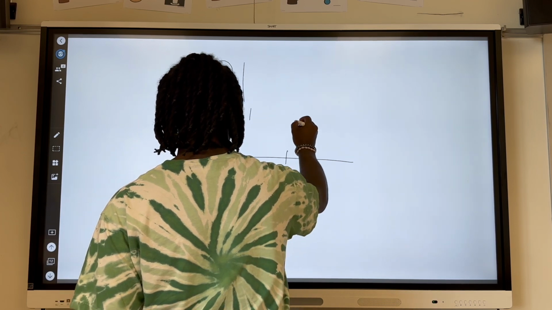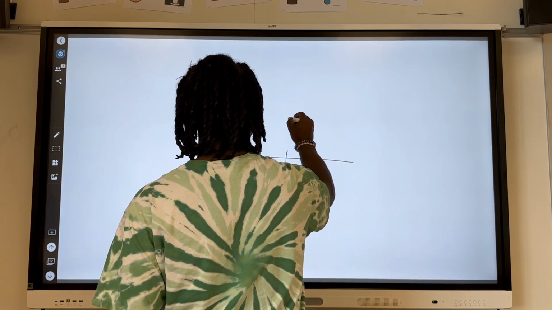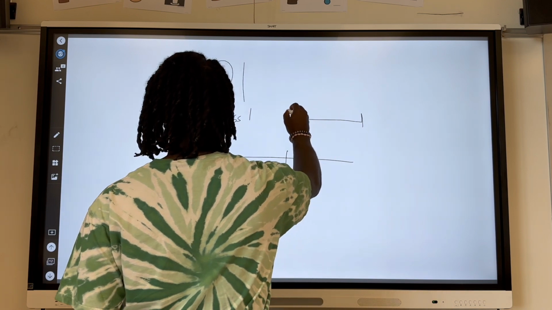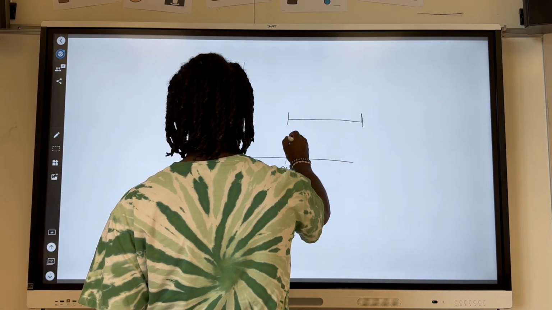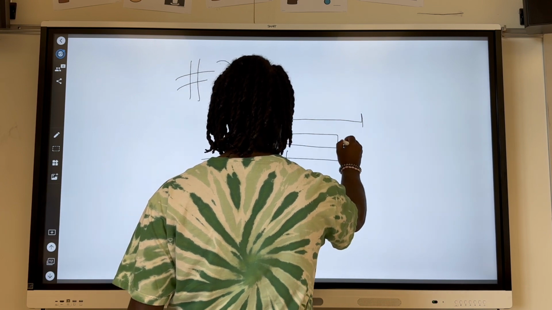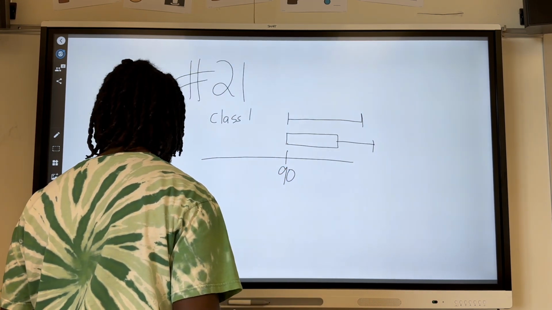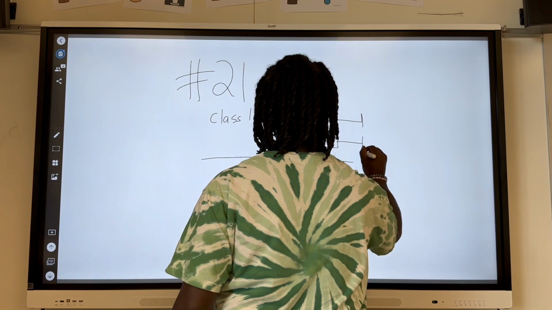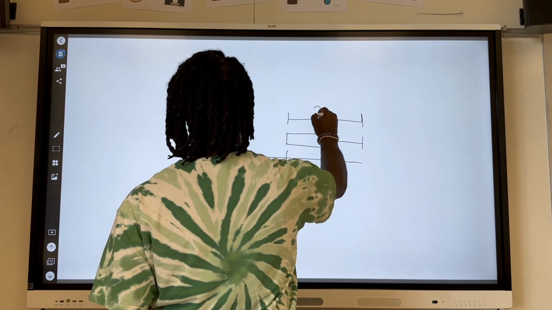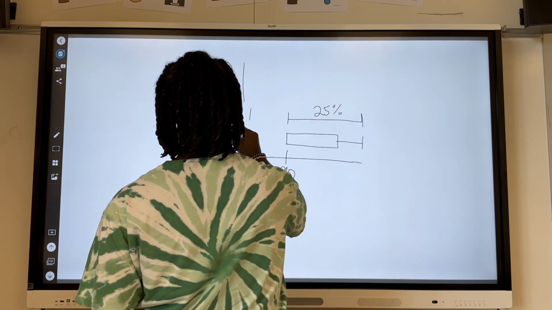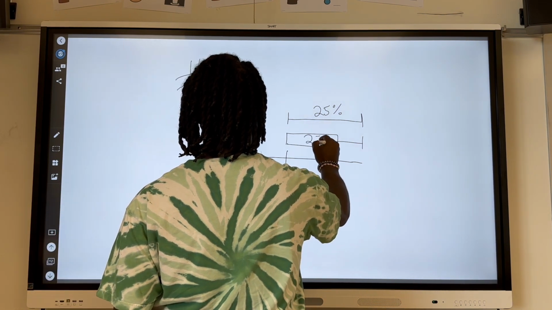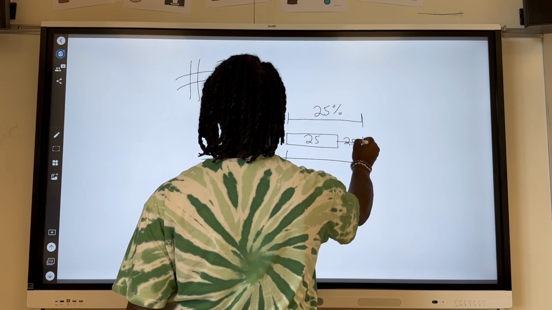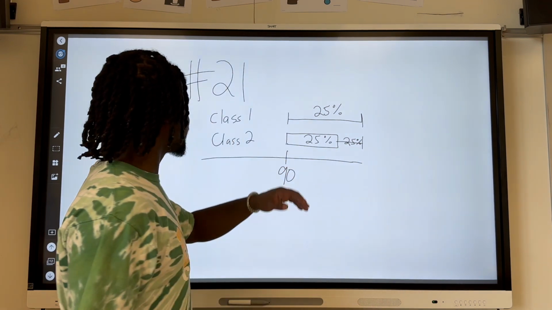Class 1 has just a line above 90, and then class 2 has a box, then a line. So this is 25% for class 1, and class 2 has 50%, because it is 2.